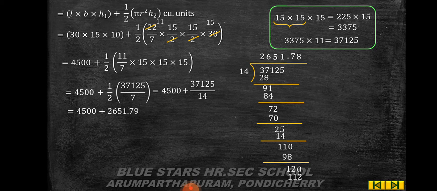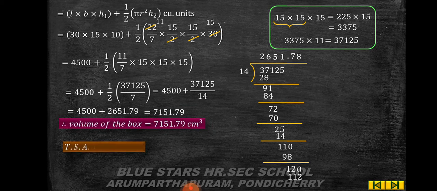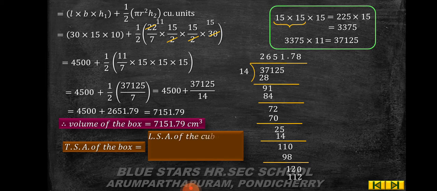So now you get the quotient is 2651.79, which is equal to 7151.79. So therefore volume of the box is equal to 7151.79 centimeter cube.